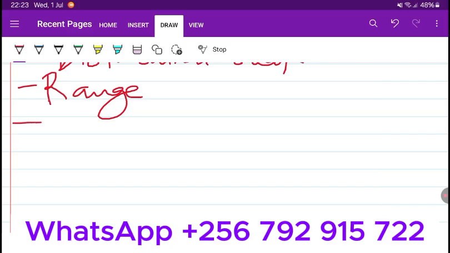The other thing that we can also get from a stem and leaf is the median. The median is just that value that is located in the middle of the leaves. That's where we are getting the median value.